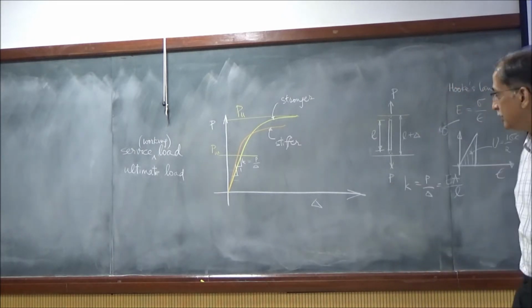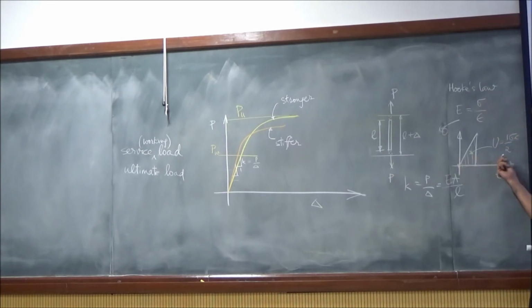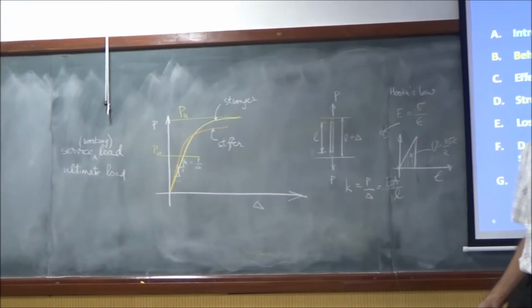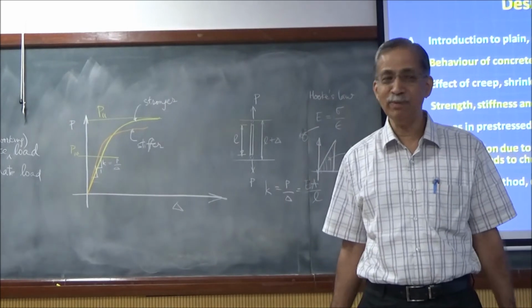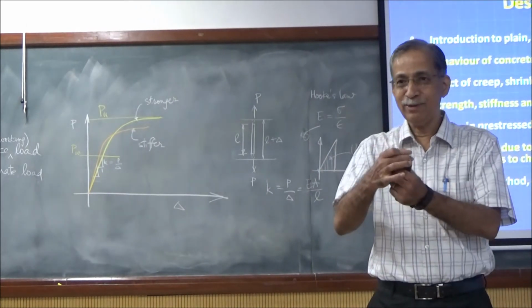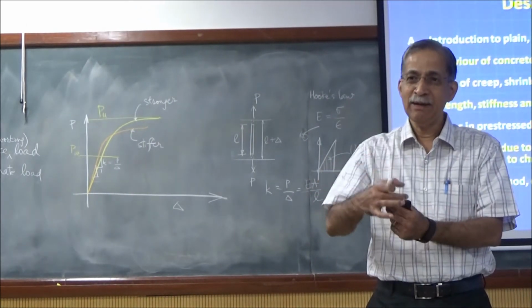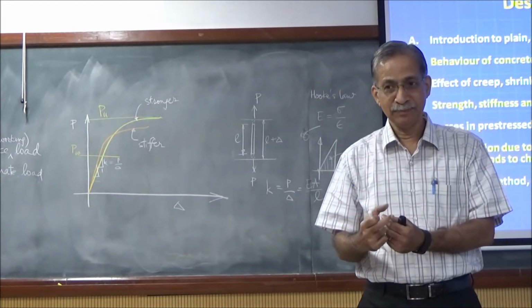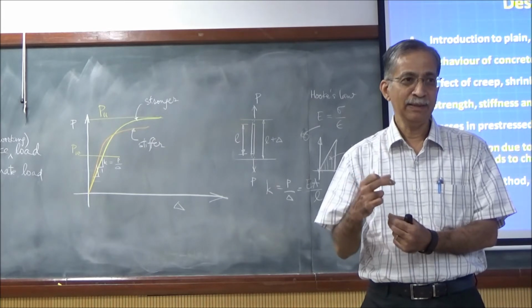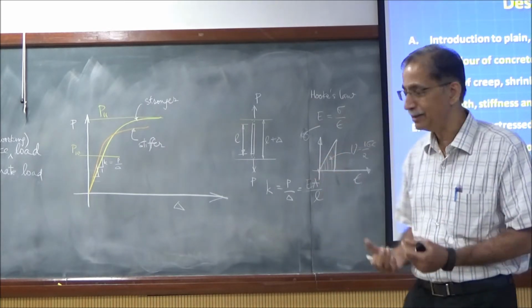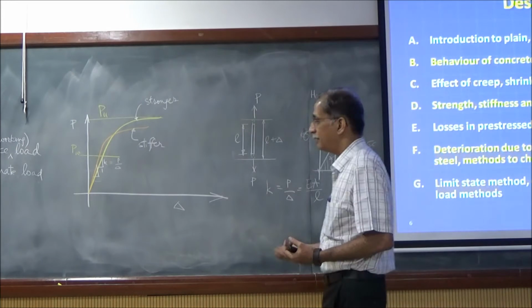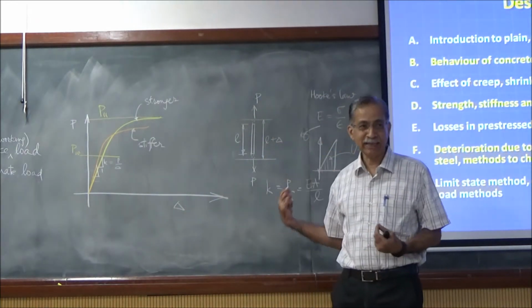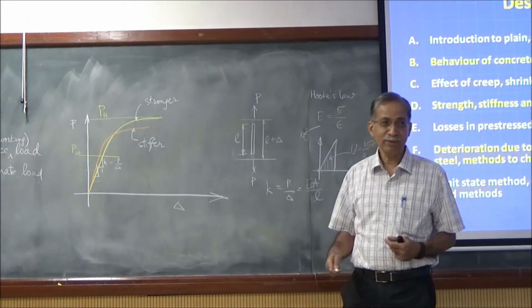If you have a strain-induced loading, strain is the cause and stress or force becomes the effect. But when Hooke did his experiment, probably he had a spring and put some weights incrementally. So that was a load-controlled experiment. Traditionally, our rule is the independent variable goes on the x-axis and the dependent variable on the y-axis.